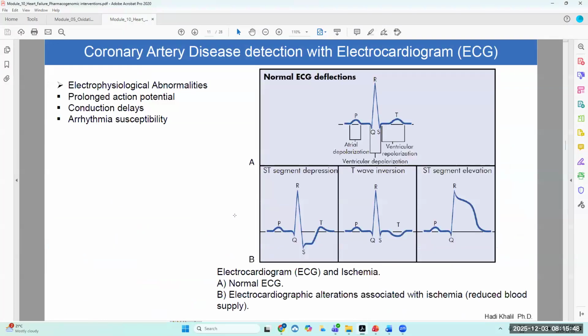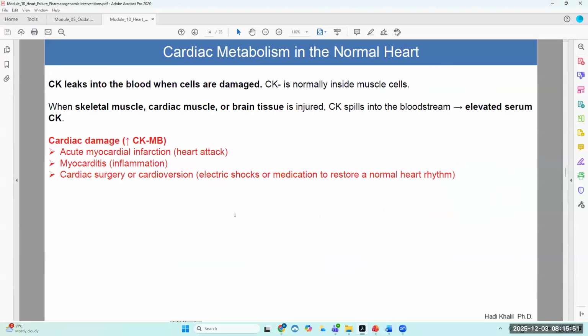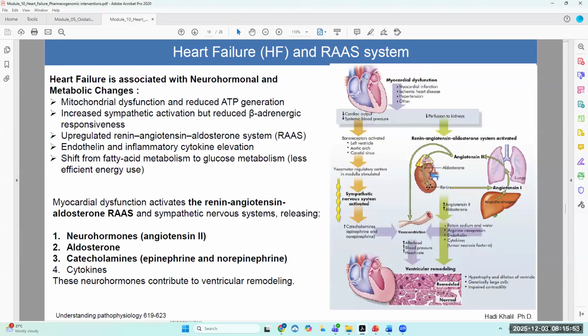So, what happens when there's a pressure overload over the ventricle? The RAS system has to take care of bringing this down. All right. And remember the two hormones, epinephrine and norepinephrine.